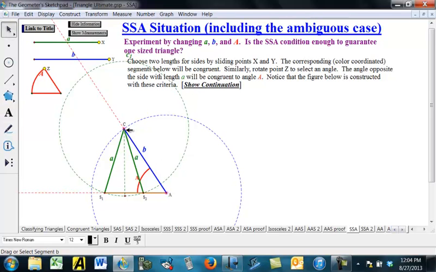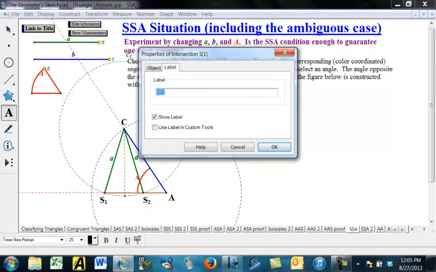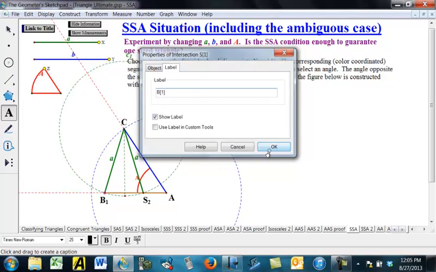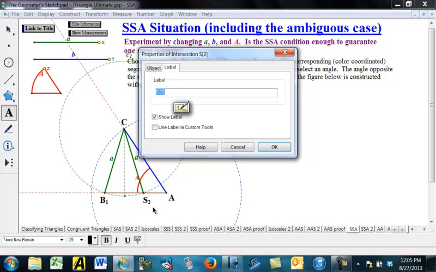So those are different possibilities here. Point A and point C we can have, but then the last thing we get is point B, and B might be here, or B might be here.